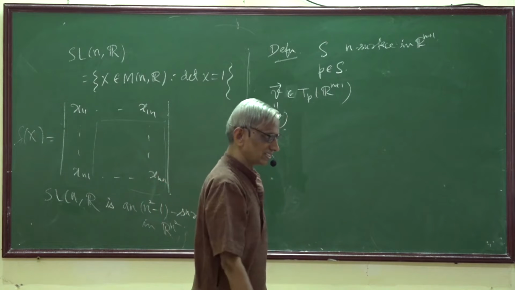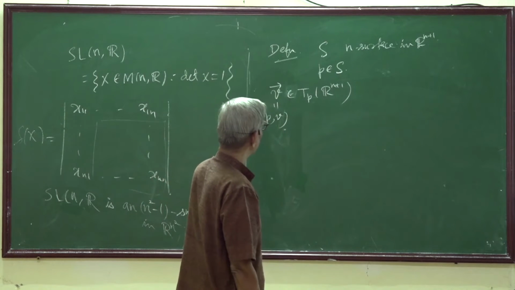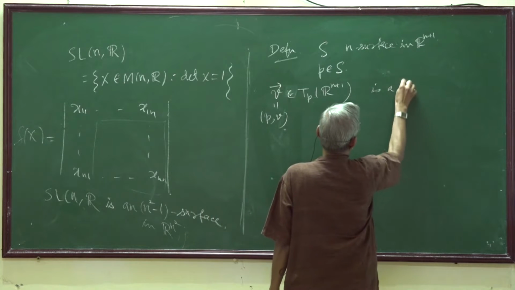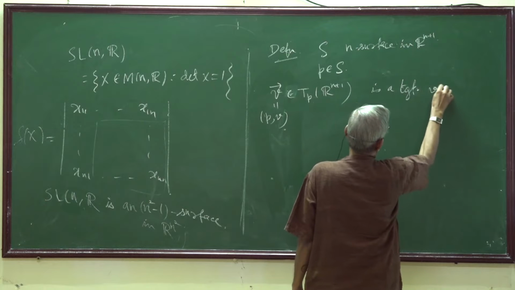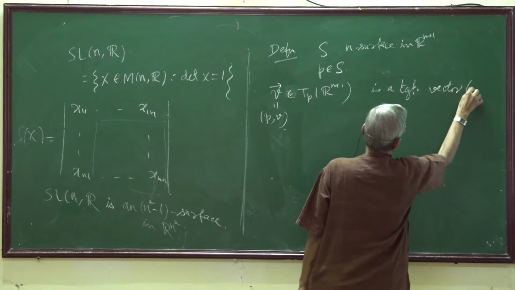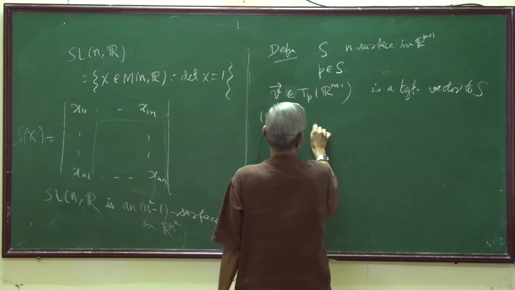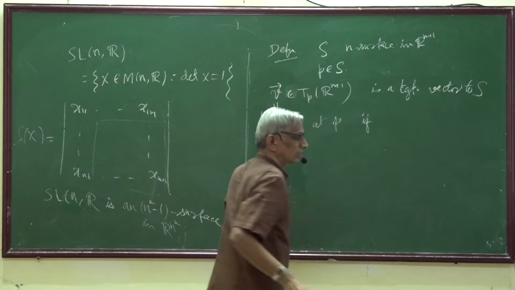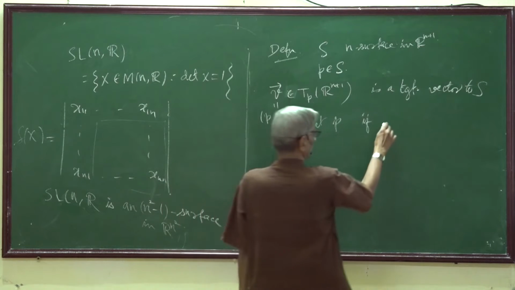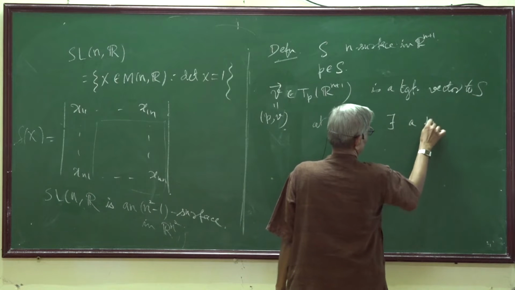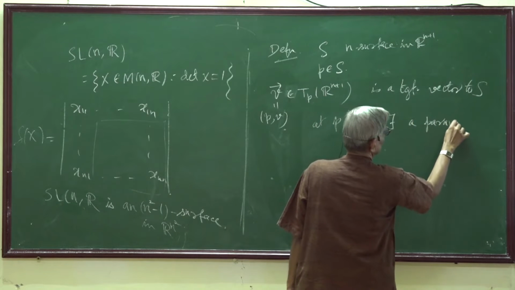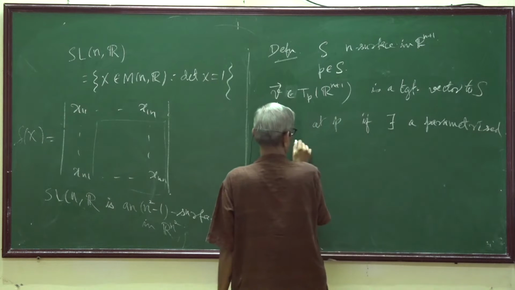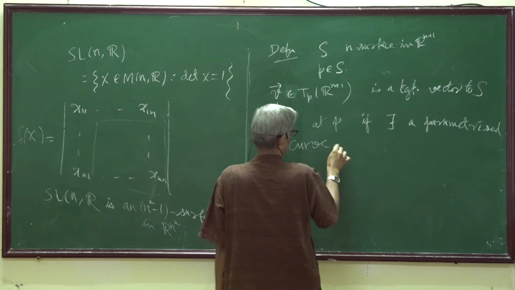According to what Dr. used yesterday. This is a tangent vector to S at P if there is a parametrized curve alpha.